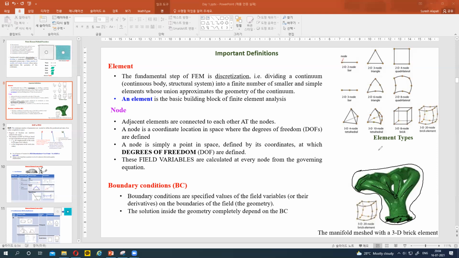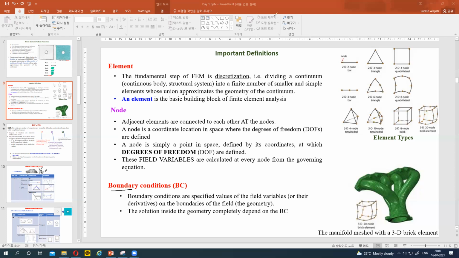So we specify some values for the field variables at the boundaries. Suppose here I specify displacement is 0. Fixed means displacement is 0. Those are the boundary conditions for the field variables.